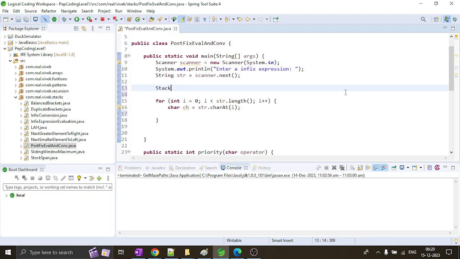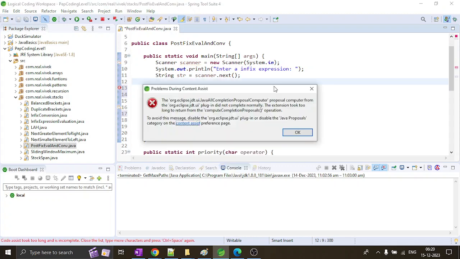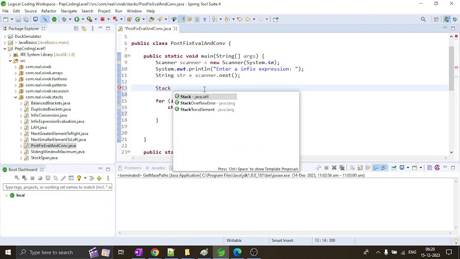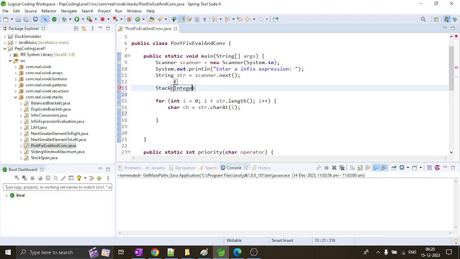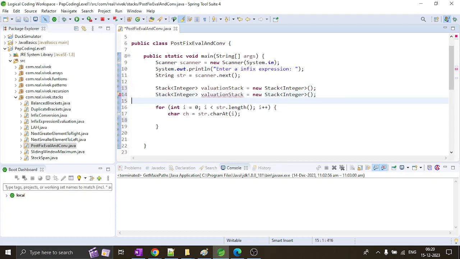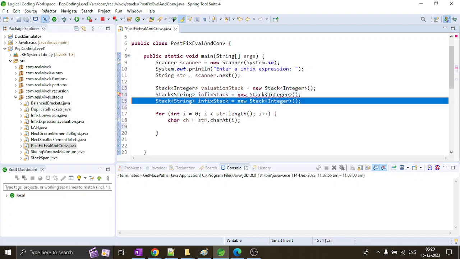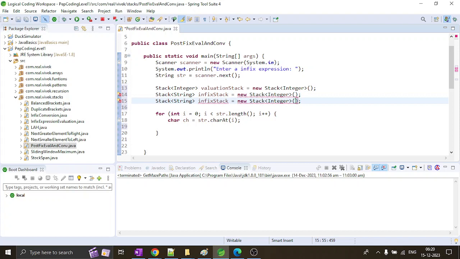It will contain integers, right? Then we have the prefix stack and the infix stack, which are of type strings.